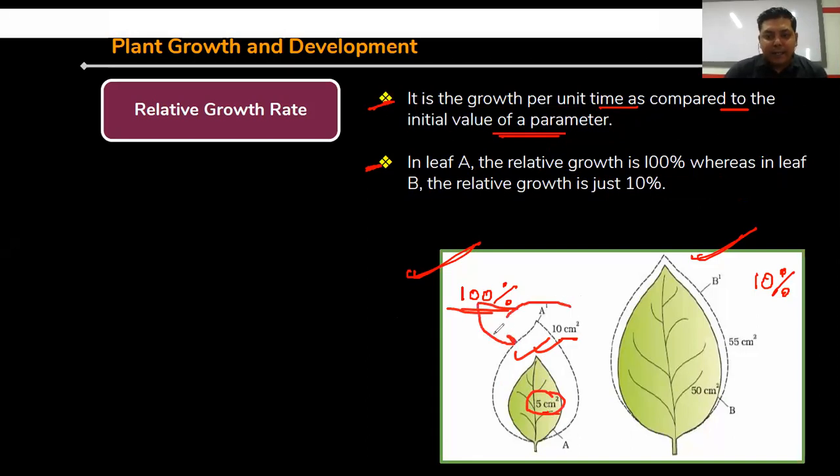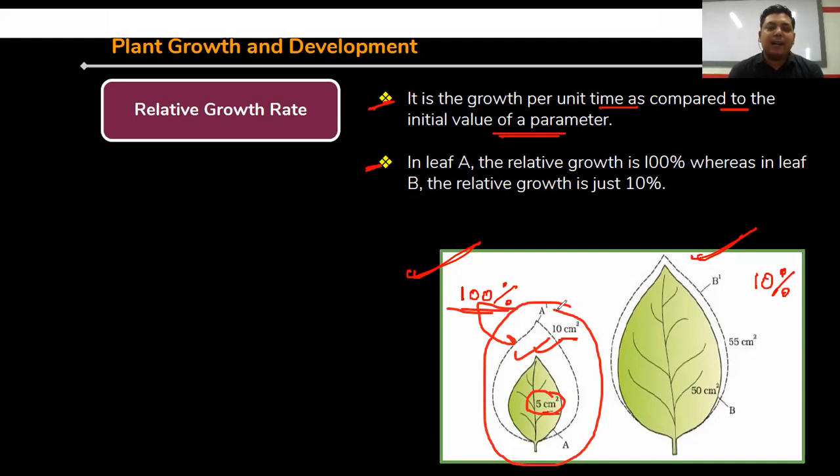So that means we are counting the total one. This is called relative growth rate, and this growth is related to the previous sizes or lengths of any living parts. Here, so there are two terms: absolute growth rate as well as relative growth rate. That's all. Finally, we have finished the growths and the topics that are related to the growths.